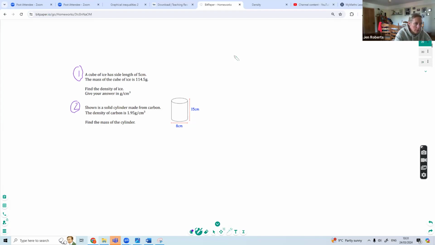Okay, so first one, the cube. Don't forget for a cube, each length is 5. So what's the volume? It's 5 times 5 times 5, isn't it? 125 centimetres cubed.